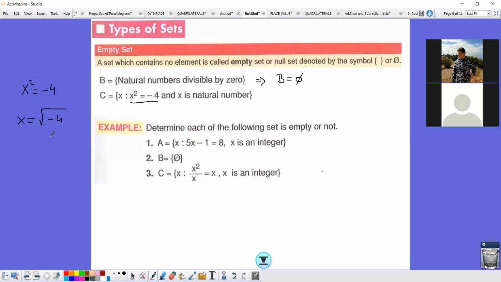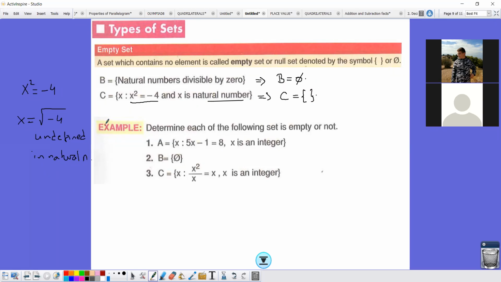Can a negative be inside the radicand? No. So this is undefined in real numbers or in natural numbers. Because there is no solution in natural numbers, this set is an empty set. You can show it like this or like this, the empty set.